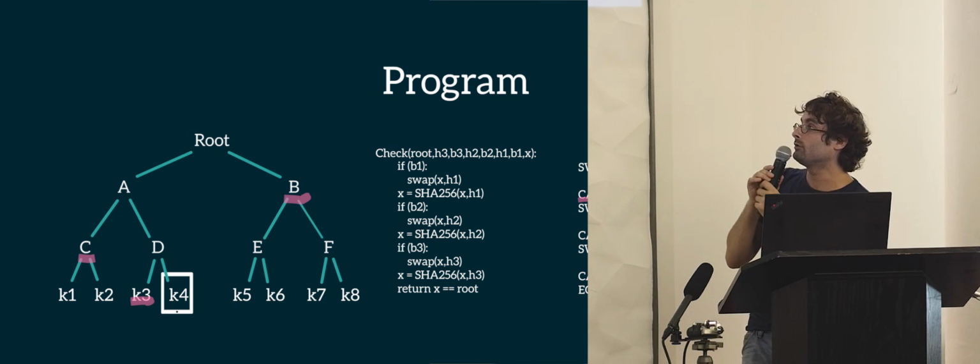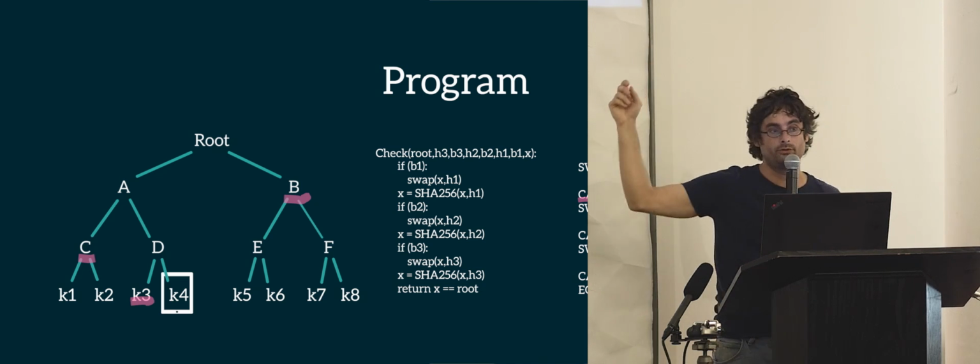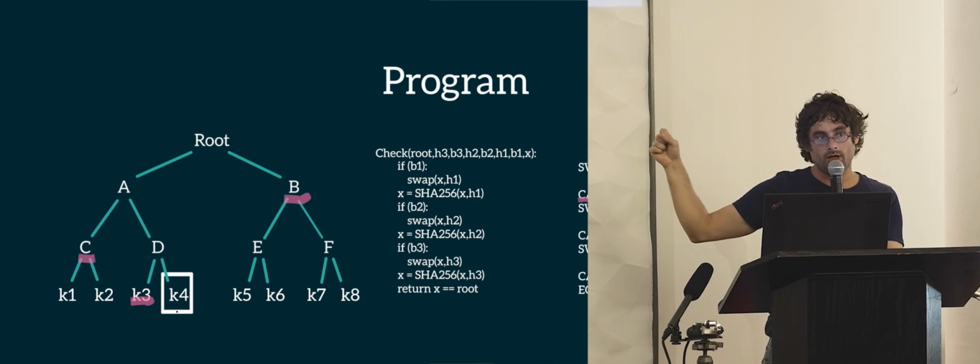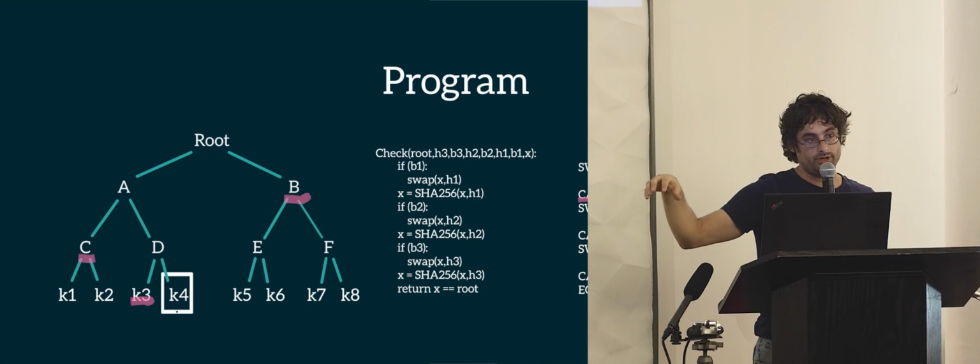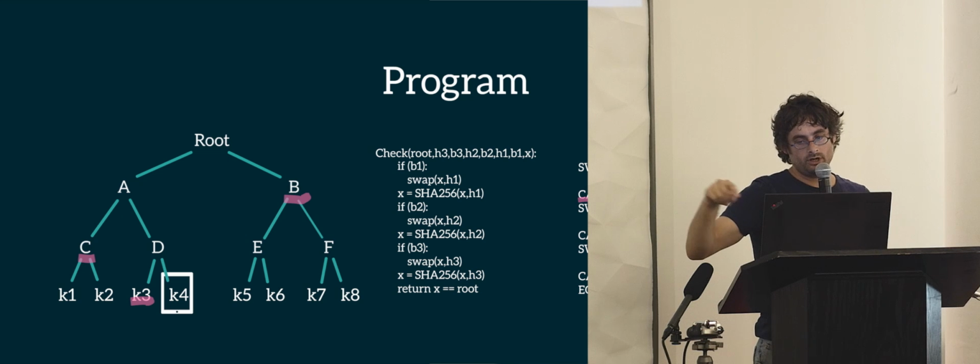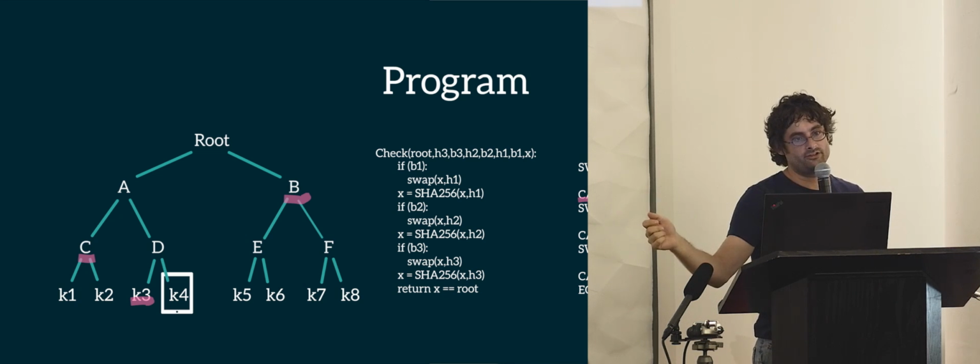Say we want to prove that K4 is part of the root. So I publish K4. I also publish K3, and a boolean to say that K4 is the second here.